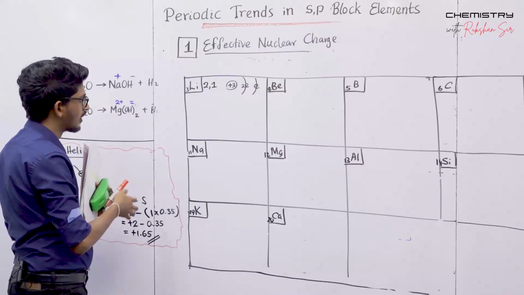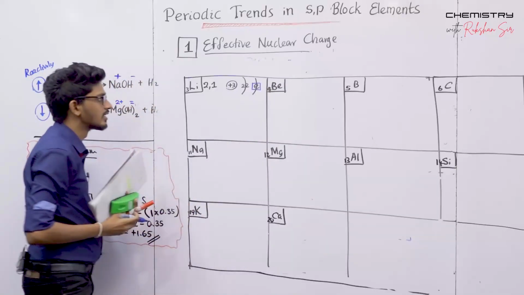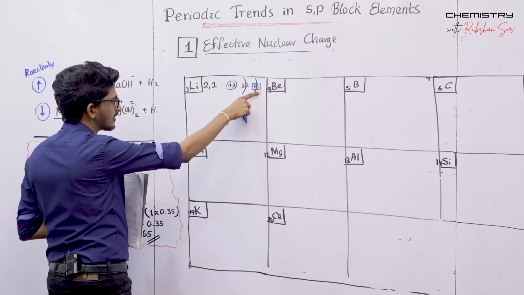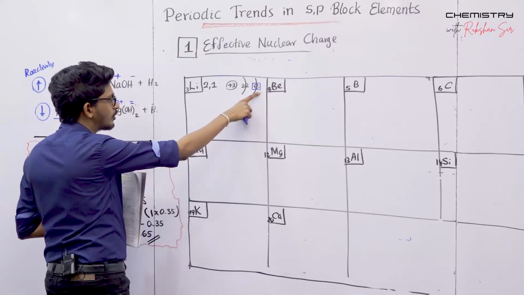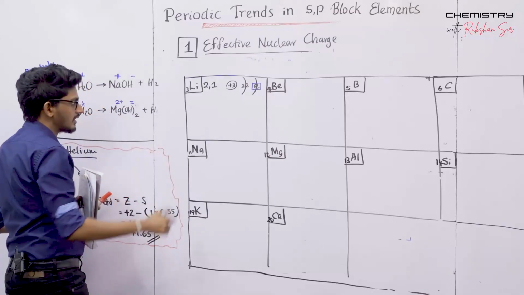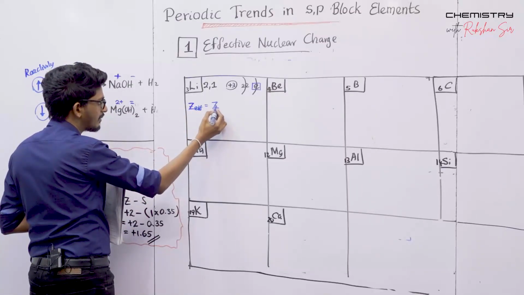This is how the 2-1 looks like. So I'm going to calculate the effective nuclear charge for this electron, the nuclear charge felt by a valence electron. Let's do the calculation. Z eff is equal to Z minus S.